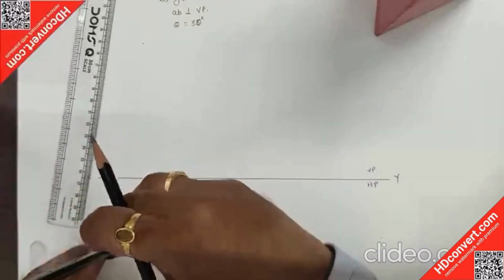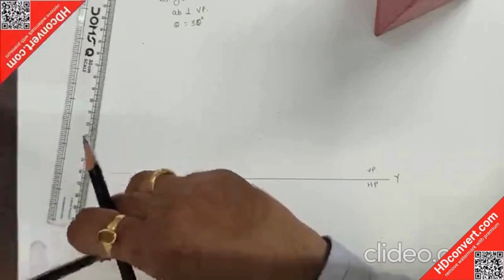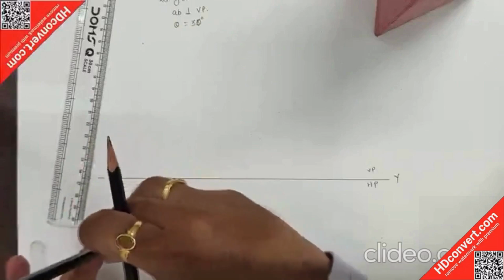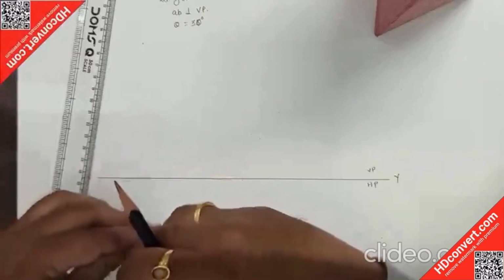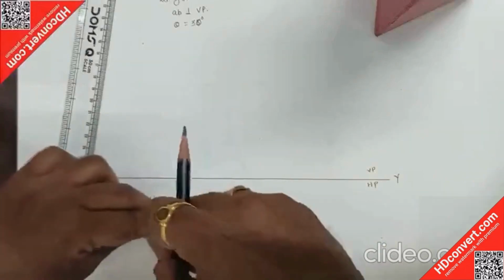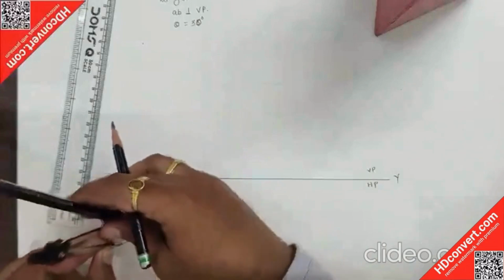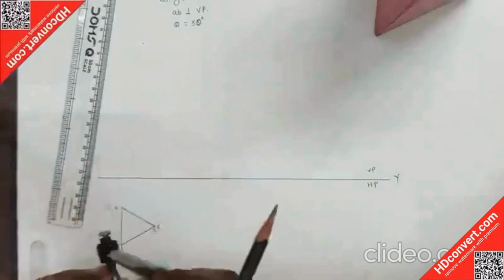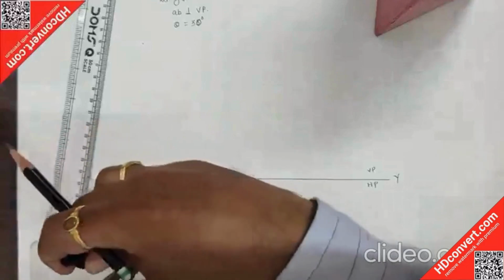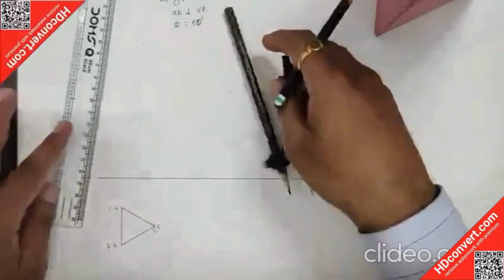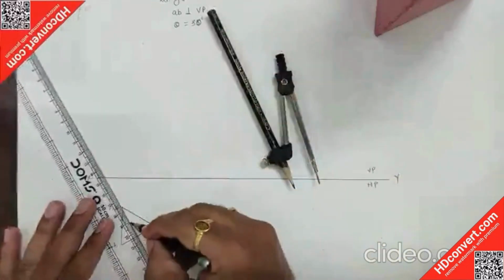Then you have to locate the axis. For locating the axis, you have to find the bisectors of two adjacent sides. This is one.